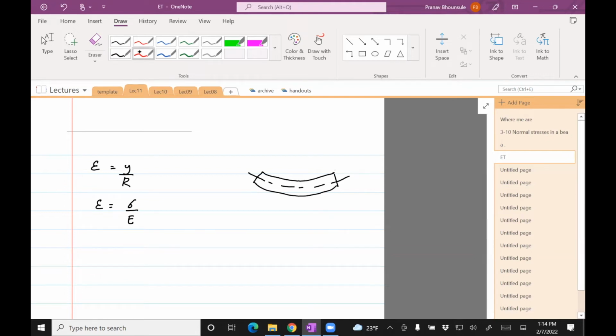I told you that the layer above the neutral axis is going to be under compression. The best way to show that is something like this. And then the layer below the neutral axis is under tension. Zoom this, it looks like this.